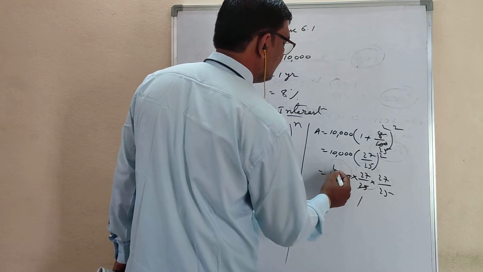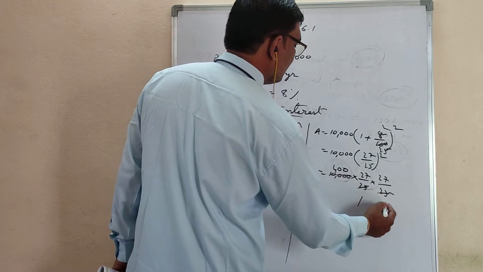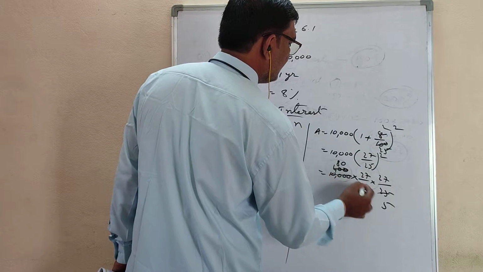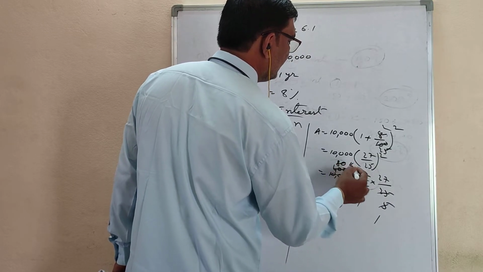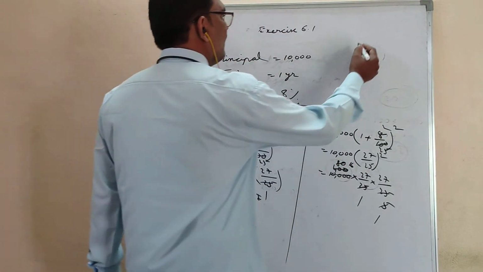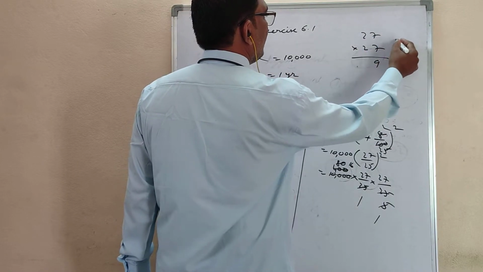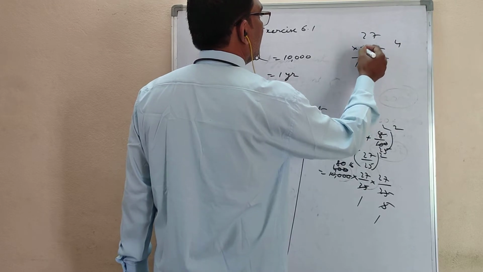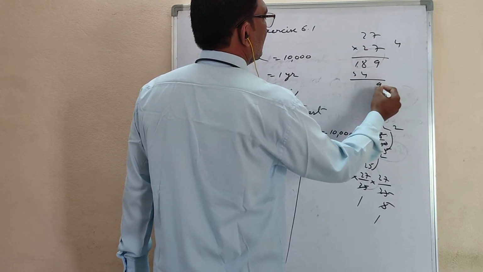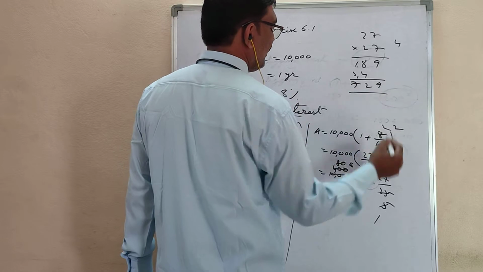Now 25 ones are 25, 400s are, 5 5s are, 5 80s are, 5 ones are, 5 16s are. So now 27 into 27 if you do it, 7 7s are 49, 9 4 14, 189, 54, 9 2, 729 you are getting.